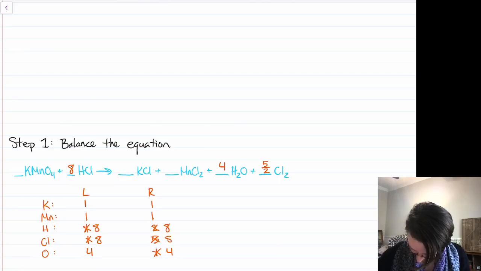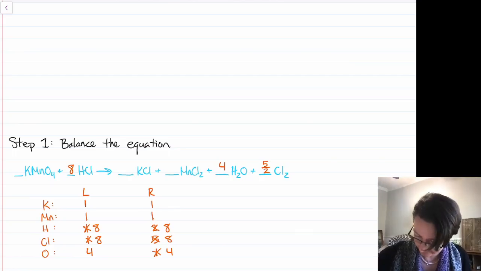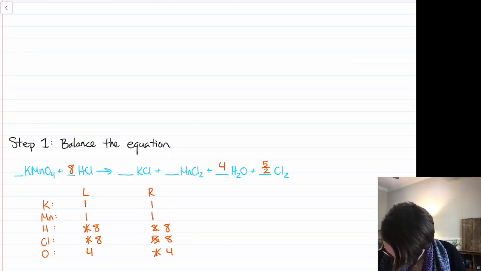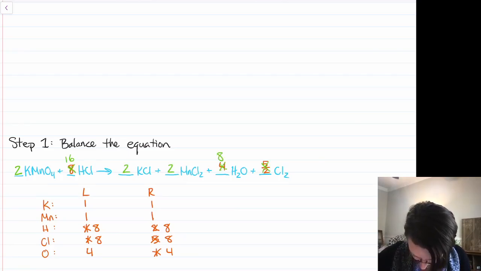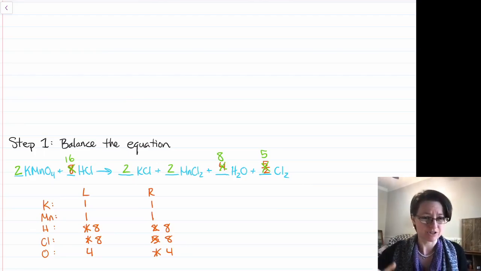Now I've got 8 and 8, and so this equation is balanced, and I'm just going to multiply all the coefficients by 2 in order to get my final answer. And so that's going to give me coefficients of 2, 16, 2, 2, 8, and 5. And you can go ahead and double check, and this equation is balanced.